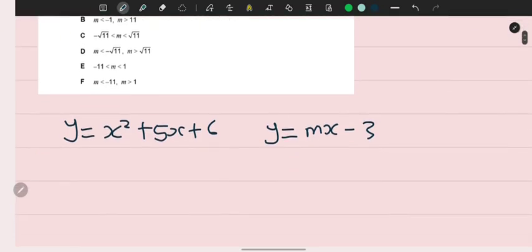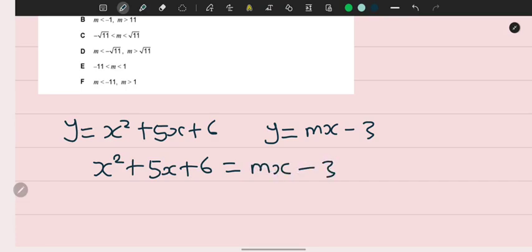The first thing you have to do here is to equate the functions. By equating that, you're going to have x squared plus 5x plus 6 equals mx minus 3. Rearrange this in terms of a quadratic equation.